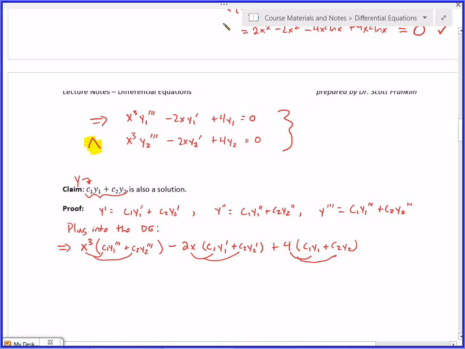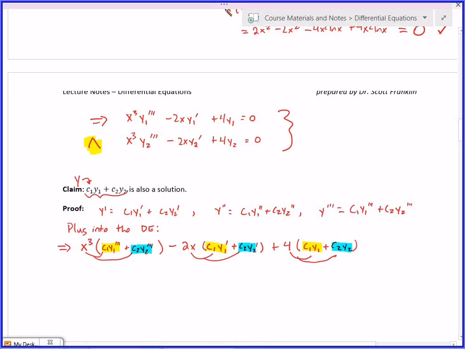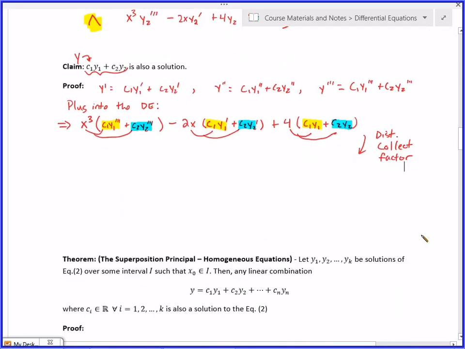Again, once I've distributed, I'm going to put this term and this term together, and then I'm going to put this term together. And then I'm going to factor out the c's. So distribute, collect, factor. And here's what I get.